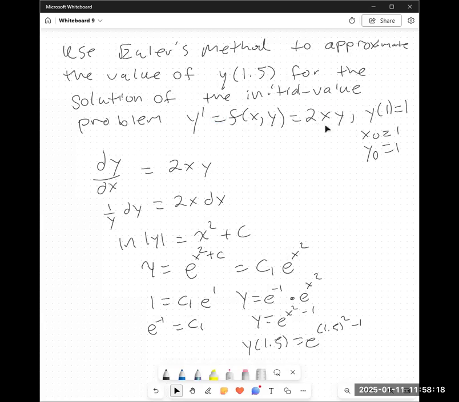But again, our f of x y here is going to be our differential equation that was given to us, 2xy. We were given the initial condition that when x is 1, y is 1, and we're trying to approximate the value of y of 1.5 using linearization, using tangent lines. So we came up with the equation y equals e to the x squared minus 1 as our exact solution to this initial value problem.